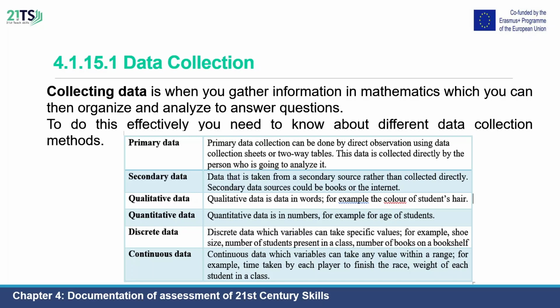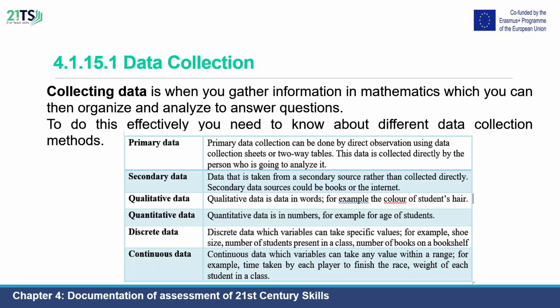To do this effectively, you need to know about different data collection methods. The table below shows you if your data is primary data, secondary data, qualitative data or quantitative data, discrete data or continuous data, which we were discussing earlier.